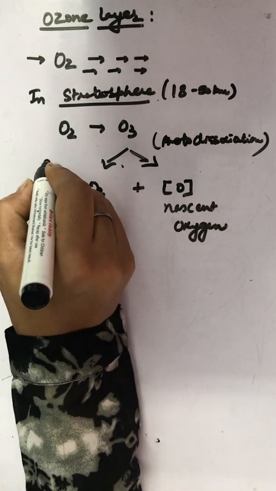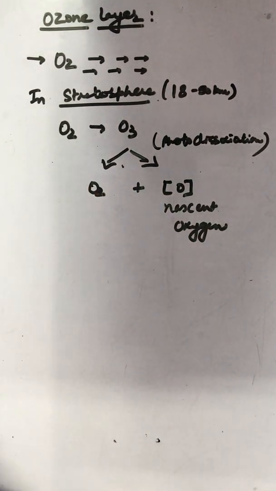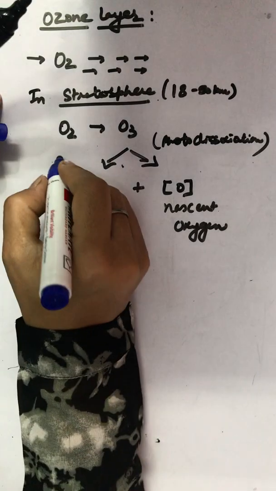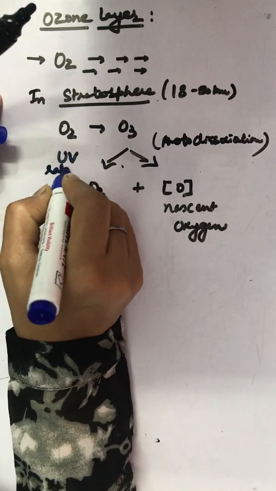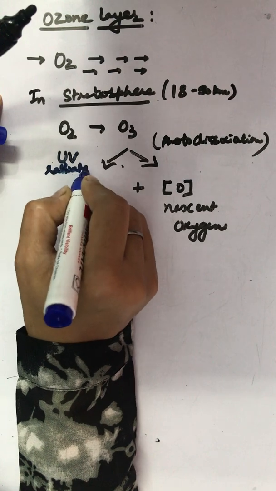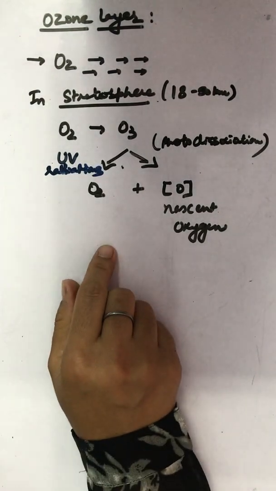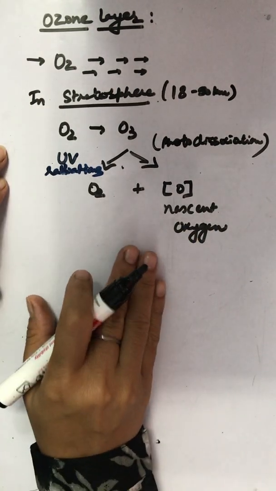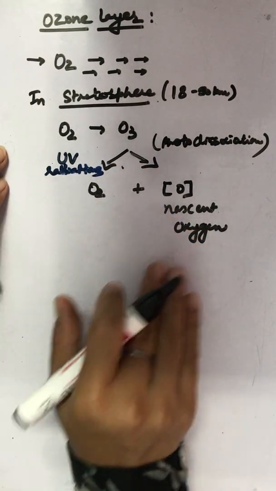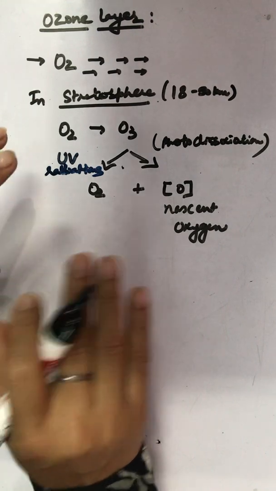Right? We write here UV radiations. When this process takes place, the dynamic balance is maintained and the concentration of ozone remains the same in the atmosphere.